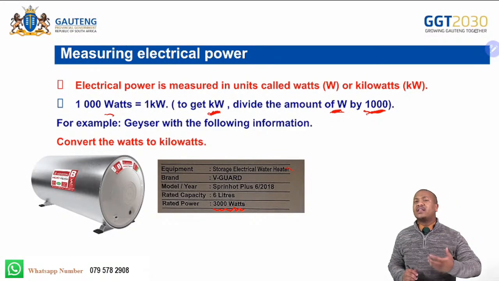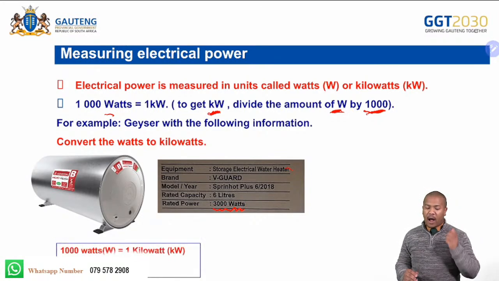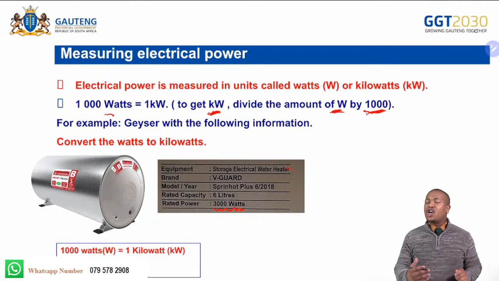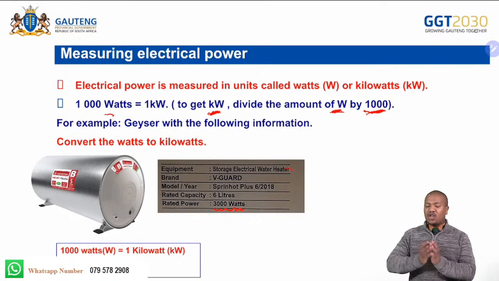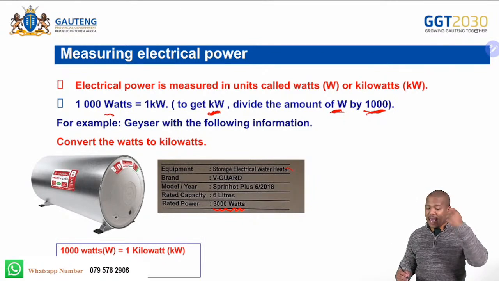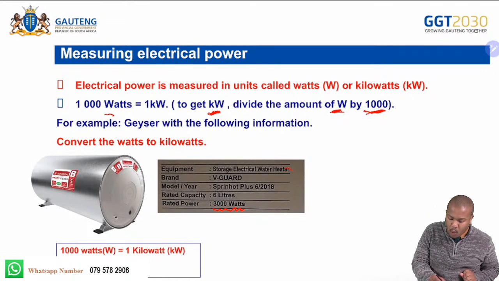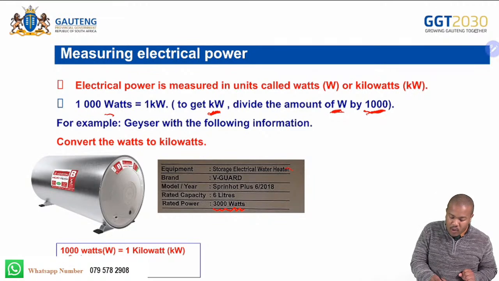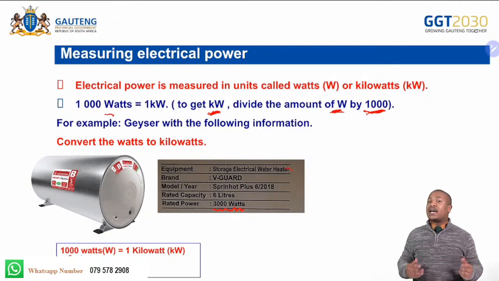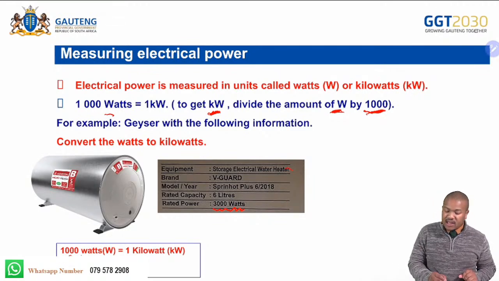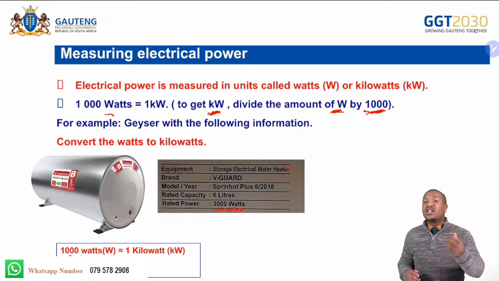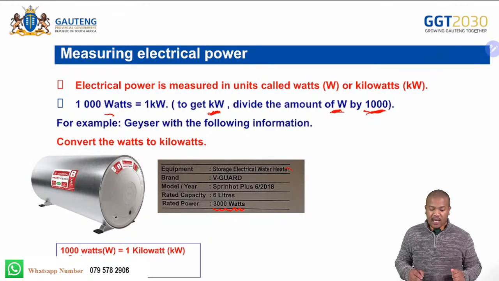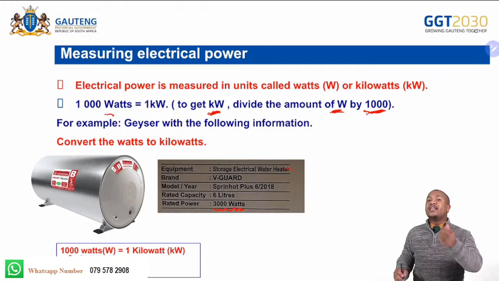So we need to convert these watts into kilowatts. So remember, I said that to convert from watts to kilowatts, you divide by 1,000. So 1,000 watts is equal to 1 kilowatt. So here we have 3,000 watts as our data. So 3,000 watts divided by 1,000 watts per kilowatt gives us 3 kilowatts.